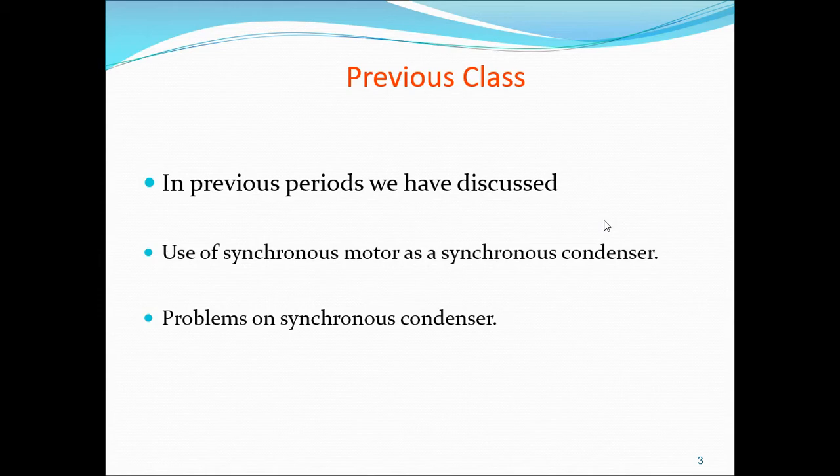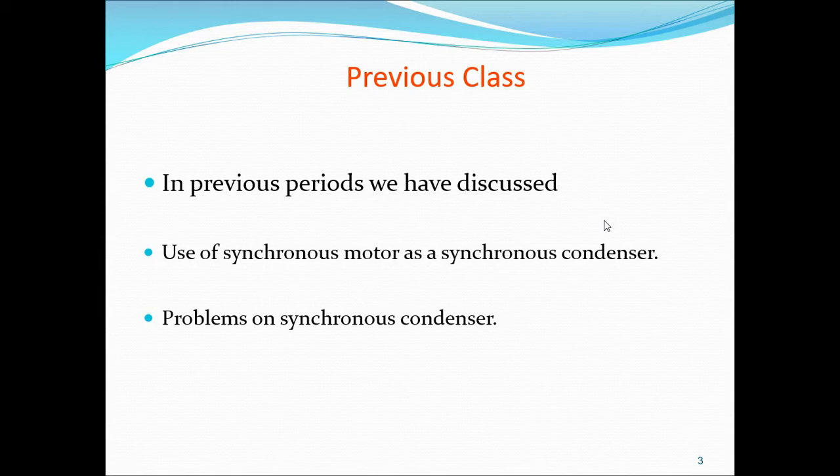Suppose we put no load and change the excitation, then we note down the field current excitation value and the corresponding armature current. If we draw a curve with field excitation on x-axis and armature current on y-axis, we get the V curve at no load.